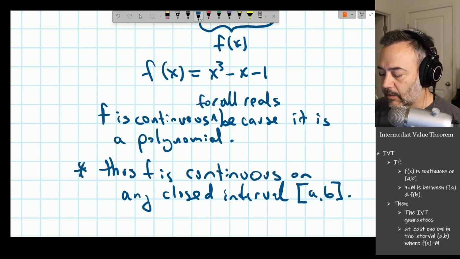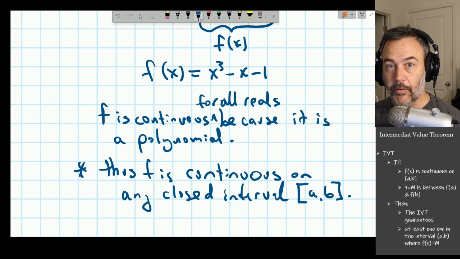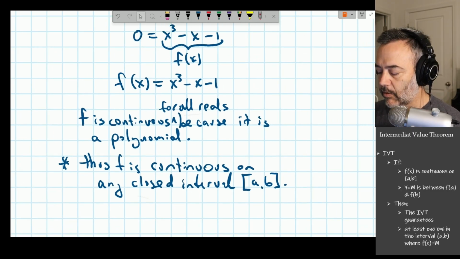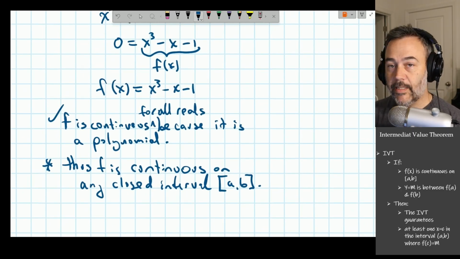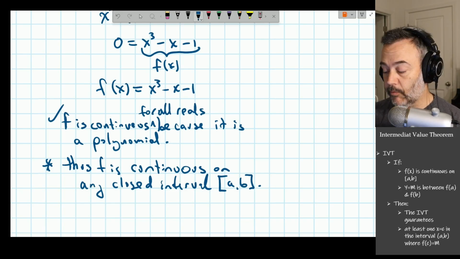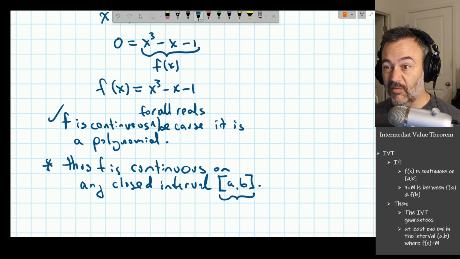You don't literally need to state this; I'm being very careful to show you the logic of the argument. If it was a problem where you were given a specific interval, like an interval from 0 to 5, then you would need to state that since it's continuous for all real numbers, the function is continuous on the closed interval we're actually analyzing.